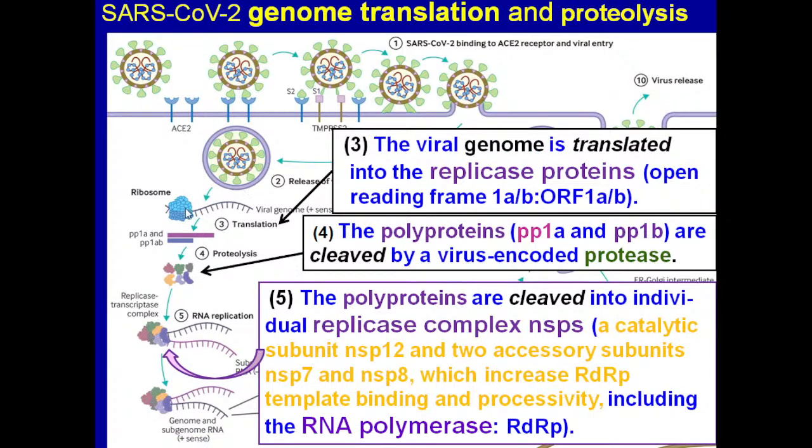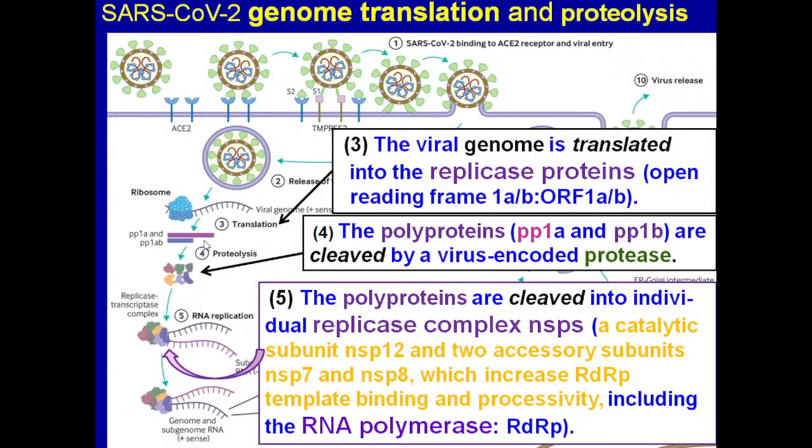So the viral genome is directly translated at this stage into the replicase proteins. These are the proteins that will help in virus replication. Two polypeptides will be produced, polypeptide 1a and polypeptide 1b, that are cleaved by the virus-encoded protease. This process is called proteolysis, right?